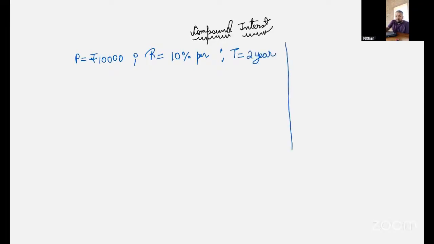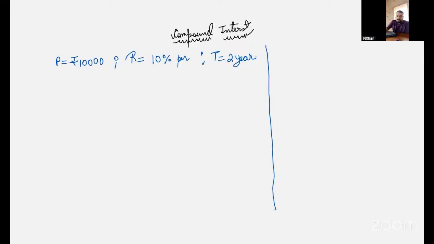Suppose David asked for 10,000 rupees at a rate of 10% per annum, so that easy calculation can be done. And he asked for the time as 2 years.